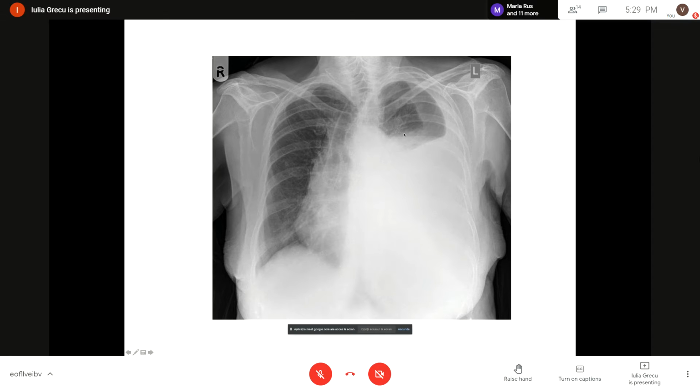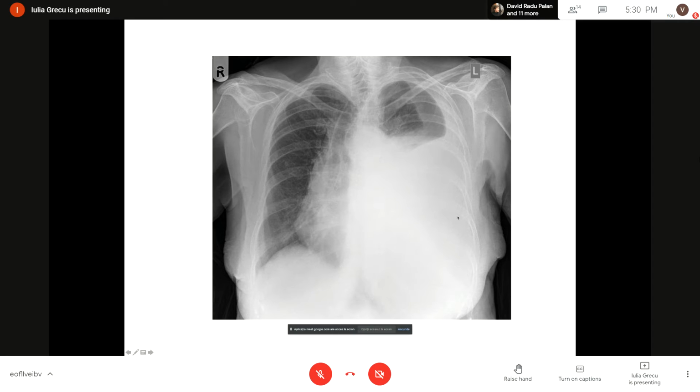So we have a large pleural opacity that is homogeneous and quite intense, and it is most intense in the regions where there is the most fluid. It has a concave superior border. It has an ascending line on the lateral chest wall.